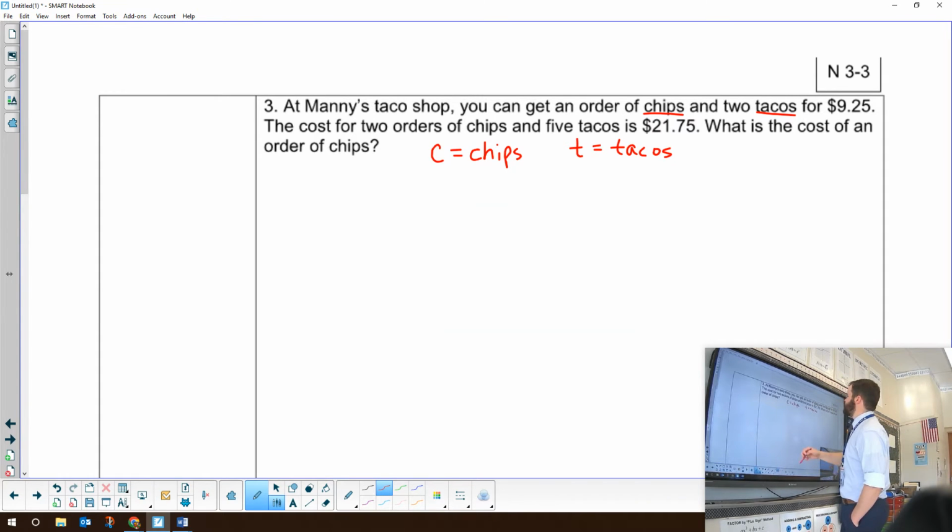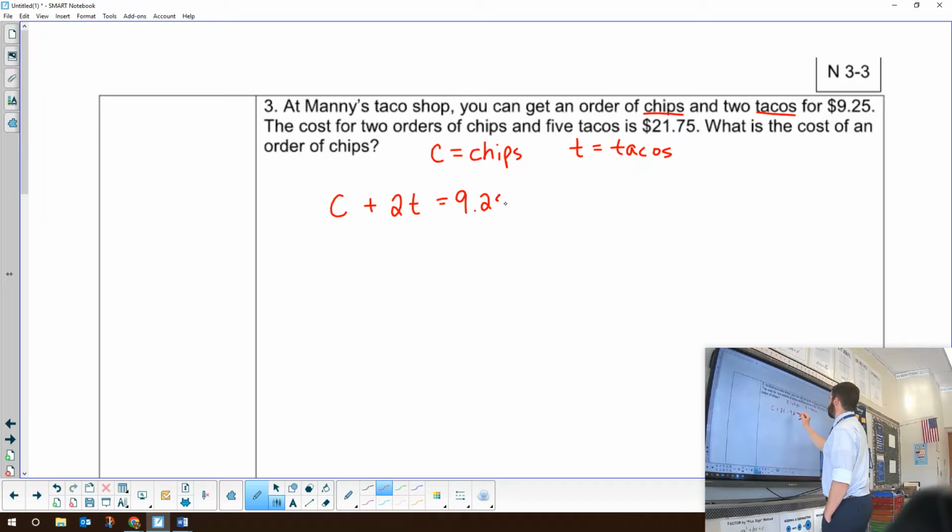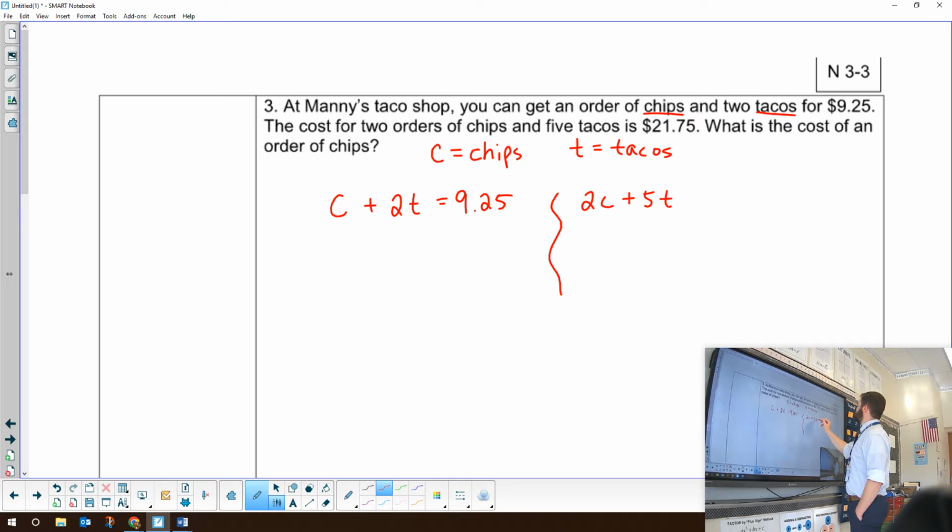So let's read through this. It says you can get an order of chips, so 1 chips plus 2 tacos for $9.25. Then the cost for 2 orders of chips and 5 tacos is $21.75.